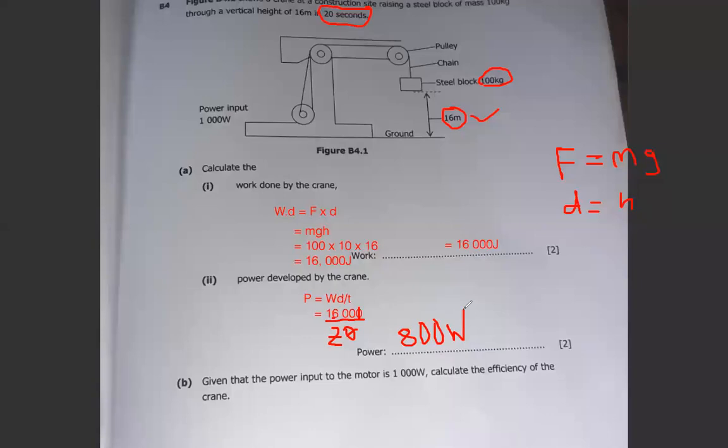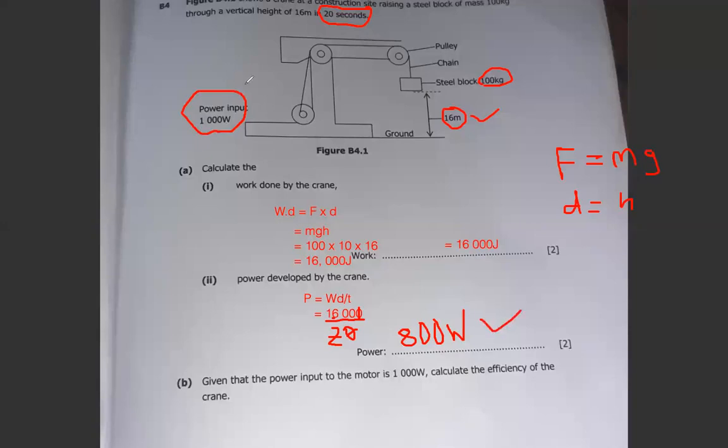So meaning this crane had the ability to convert 800 joules of energy into potential energy per second. Conversion of energy was done at 800 joules per second, because that's the power. But when the input power is 1000 watts, the output power is 800.